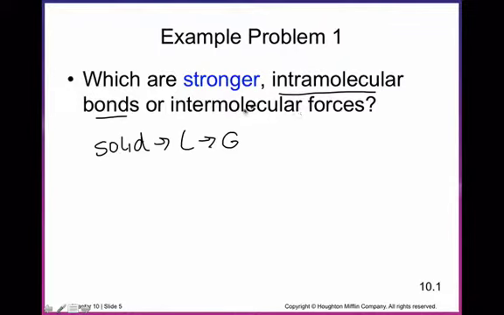You're breaking those forces between them. You're overcoming them to change it from a solid to a liquid to a gas. It's a lot harder, though, if we think of hydrogen and oxygen within water. It's a lot harder to actually break the bonds and get those hydrogens away from the oxygen. So the intramolecular bonds, the ones that hold the molecules together, are a lot stronger than the intermolecular forces that we'll be talking about.